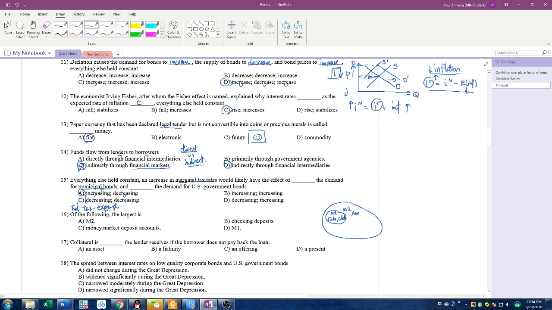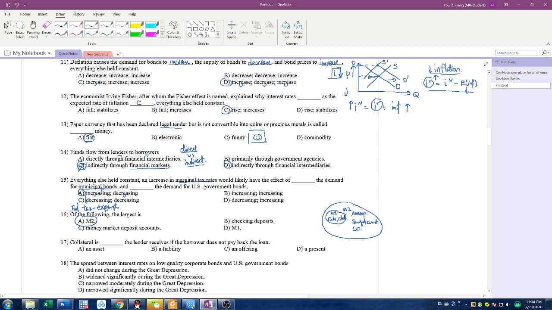We have the money market mutual funds. Okay, we have savings accounts. Okay, and we have some CDs. All right, so that means M2 is larger. To be honest, in this class, you have never been introduced to something even larger. So M2 is your choice.